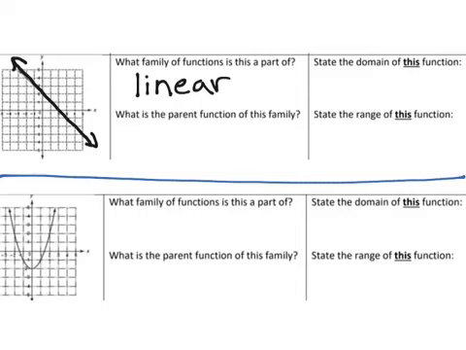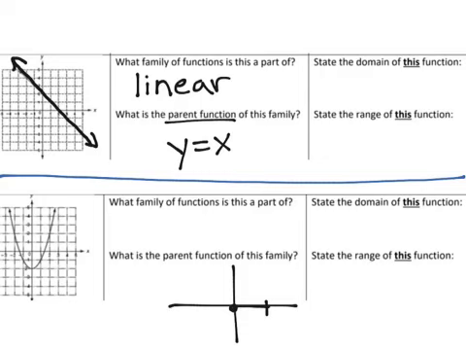The parent function for a linear function is the function y equals x, which is very simple for a function. If we have our coordinate plane and we know that y equals x, say that x equals 0, well, y would equal 0 and we'd get a point there. If x equaled 2, then y would equal 2 and we get a point there, and so on with 3 and 3, there would be a point there.